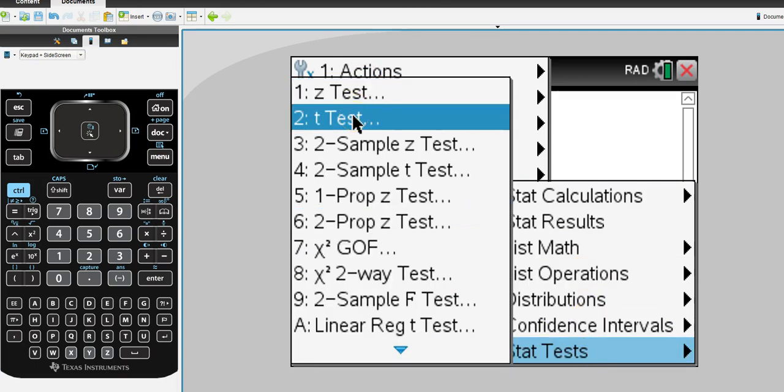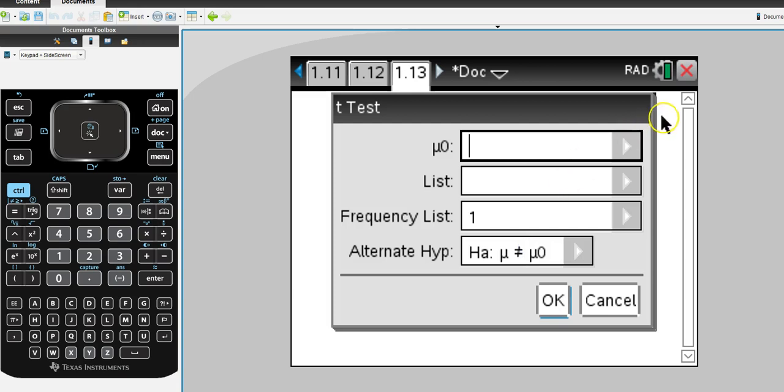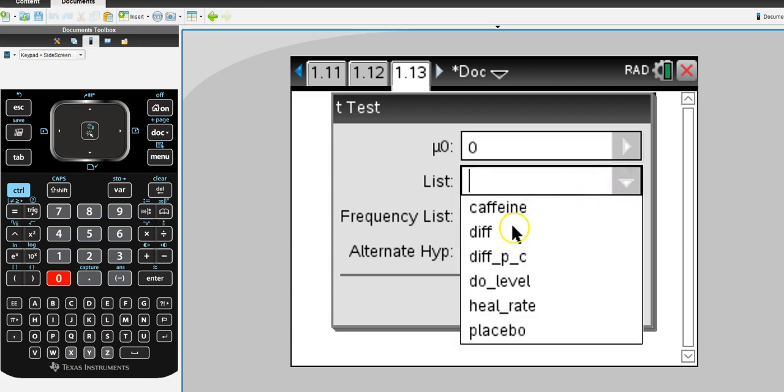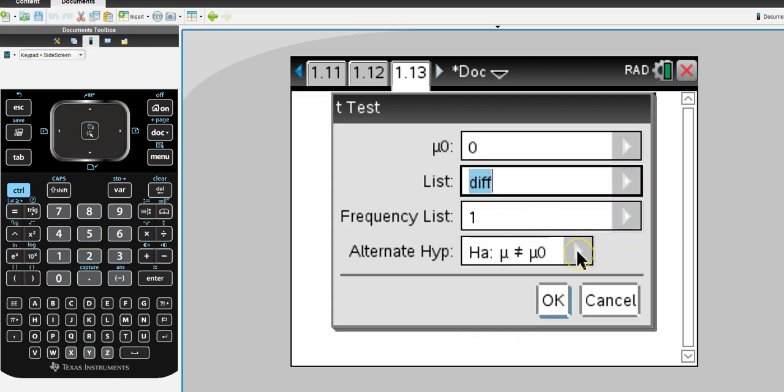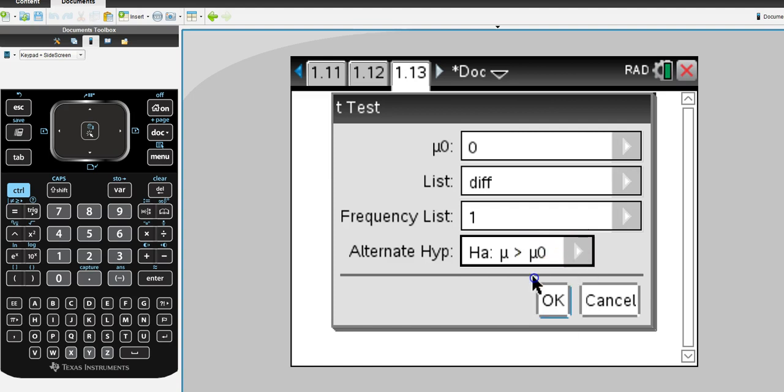Now notice I'm not doing a 2-sample t-test, I'm just doing a t-test because I'm using only the differences in my test. So my null hypothesis is there is no difference. The differences are 0. The list is the list of differences, and then my alternate hypothesis is that the difference is greater than 0, which would give evidence that placebo people have more depression than the caffeine people do.